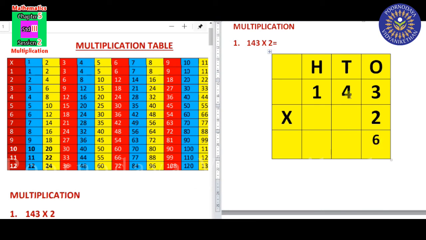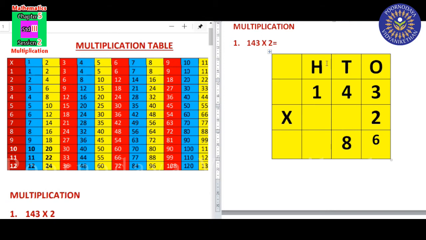Then next you have to multiply 4. In the tens place there is 4. So 4 into 2. Multiply this 4 by 2. 4 2s are... You have to recall the multiplication table of 4. 4 1 is 4. 4 2s are 8. That 8 you have to write here. Did you understand?